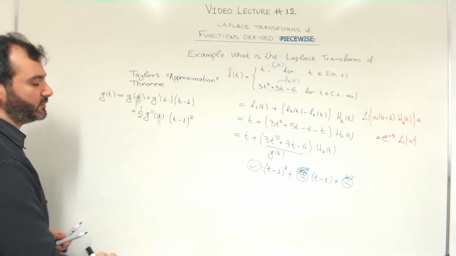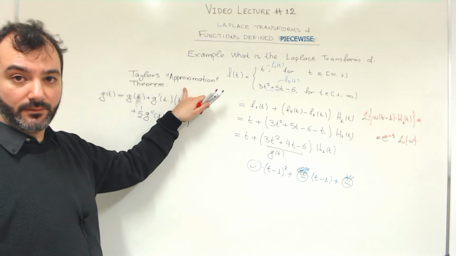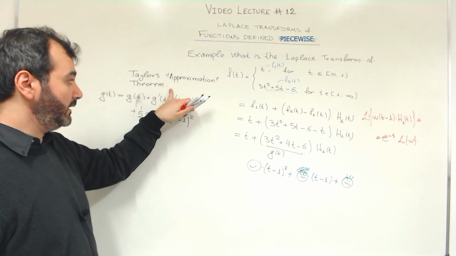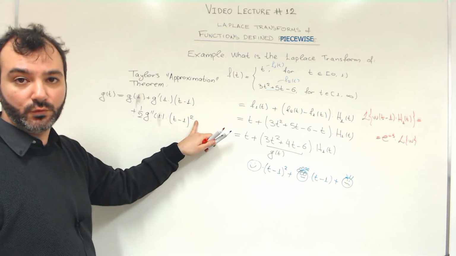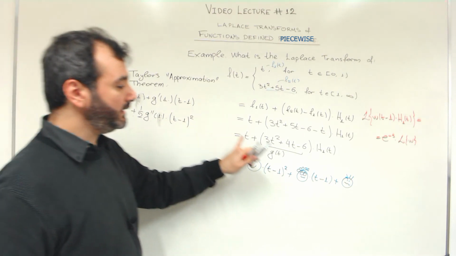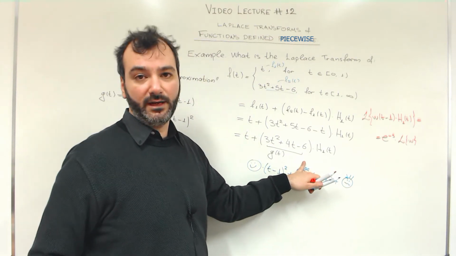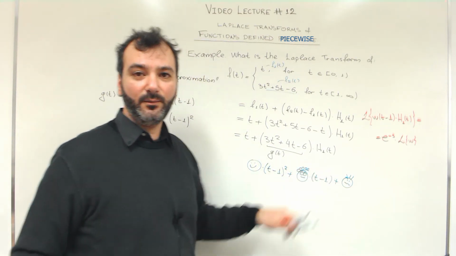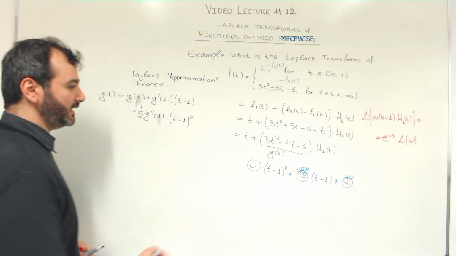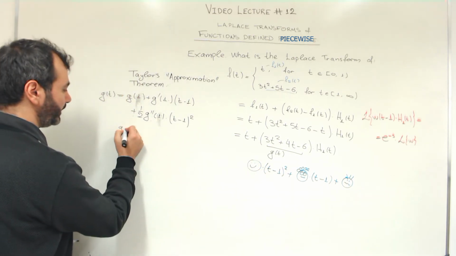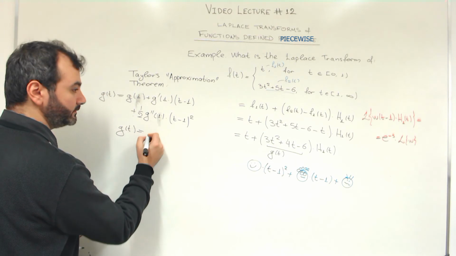But it makes sense, right? Because Taylor's theorem gives us the best polynomial of order 2, in our case, to approximate a polynomial. So when you approximate a polynomial by another polynomial, you get the original polynomial itself. So this is my function.